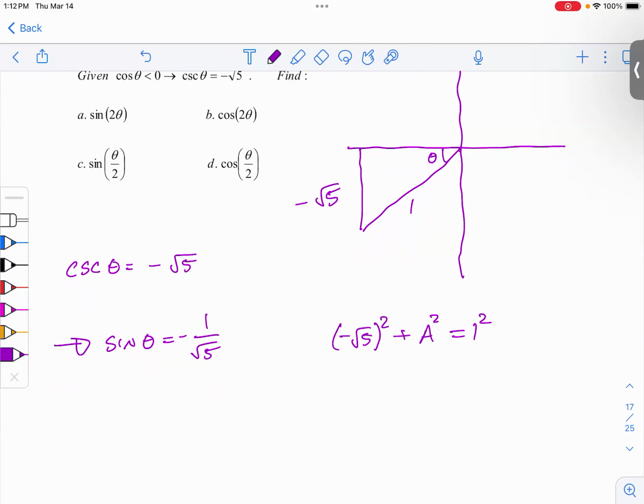So 5, plus a squared equals 1, a squared equals 1 minus 5, a squared equals negative 4. Oh, that's negative. Square root of 2 could be plus or minus, but I already know it is negative. So this becomes negative root 2. That was harder than I thought.